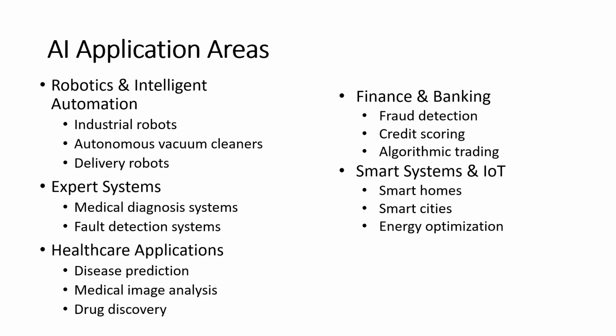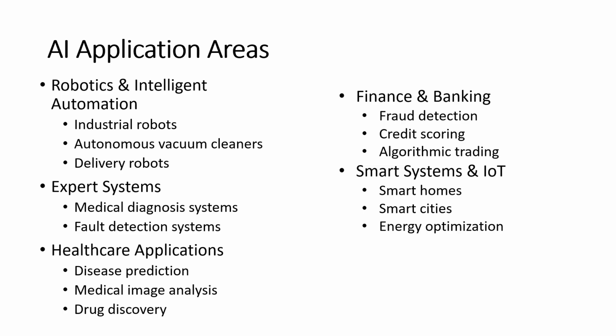There, disease prediction is possible and medical image analysis is possible. We already discussed in computer vision, X-ray and MRI we can analyze. Then drug discovery. Next is finance and banking. There we can use AI for fraud detection, credit scoring, and algorithmic trading.